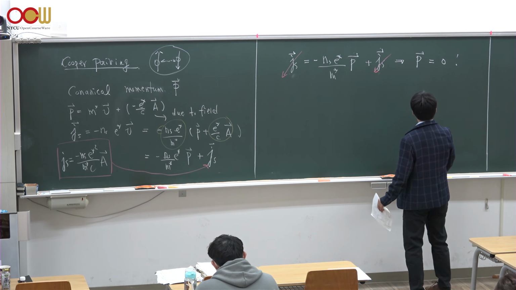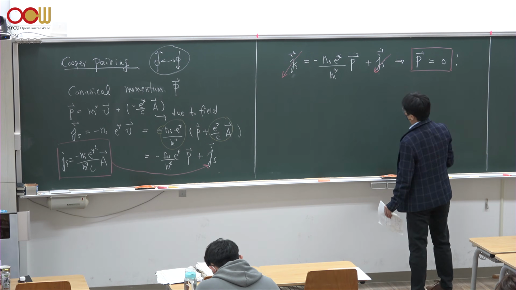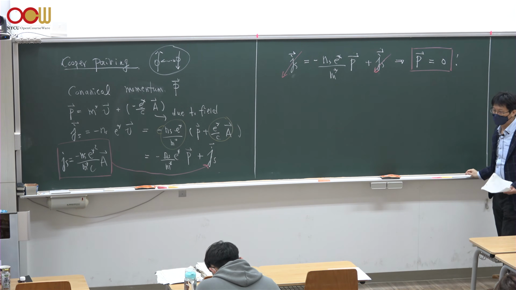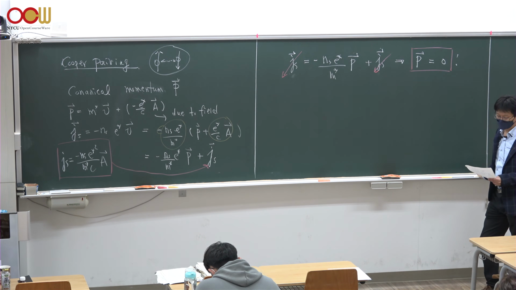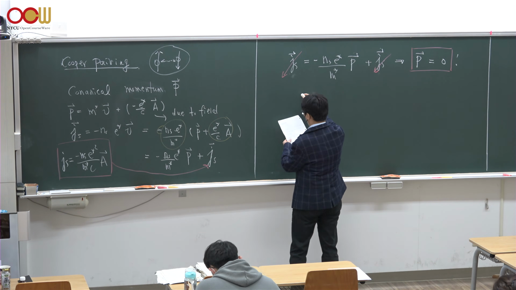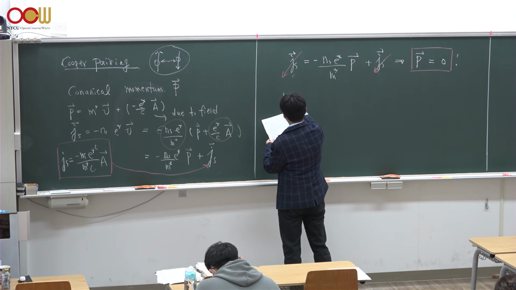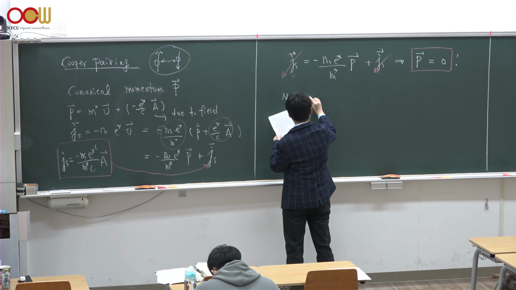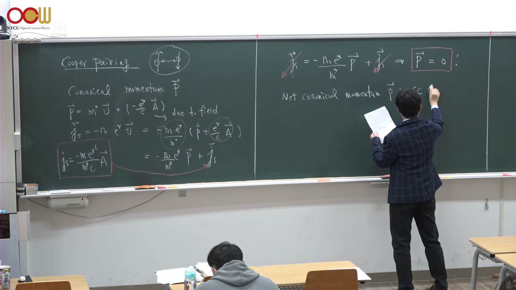This is a very important conclusion which helped BCS to propose their theory for superconductivity. Let me just emphasize the importance of this result. It tells us that the net canonical momentum in the superconducting state is 0.